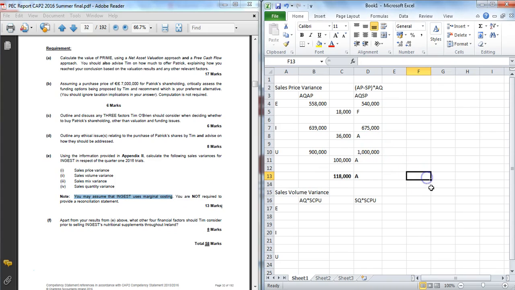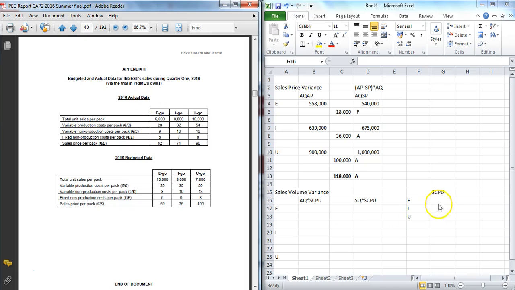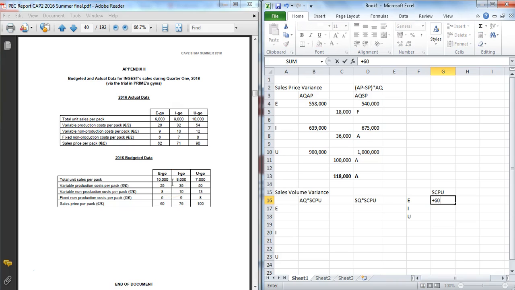So we'll do a quick calculation here. Standard contribution per unit, so that's the budgeted one, for E, I and U. You go back to the question and the appendix. What is the contribution per unit budgeted, which is the same as standard here? It's 60. We expect to sell for 60 per pack, minus the variable costs of 25 and 8.